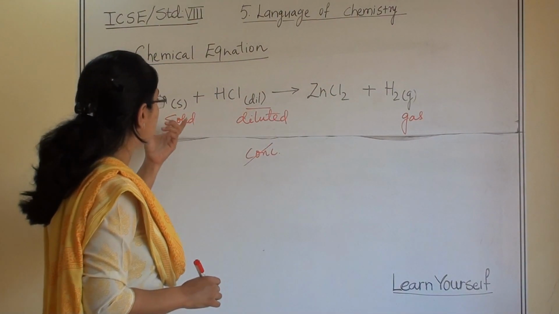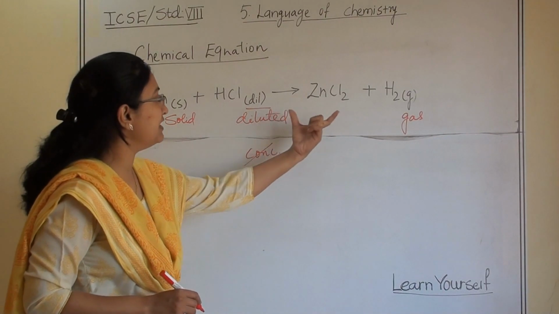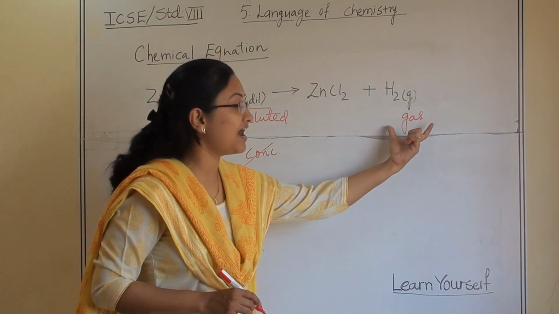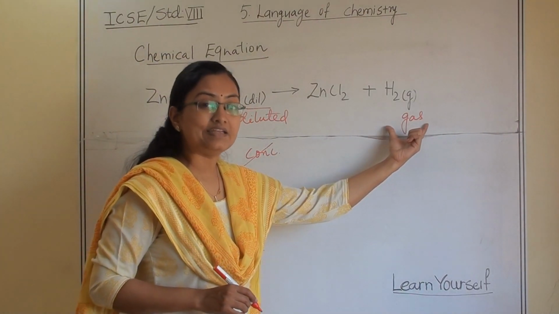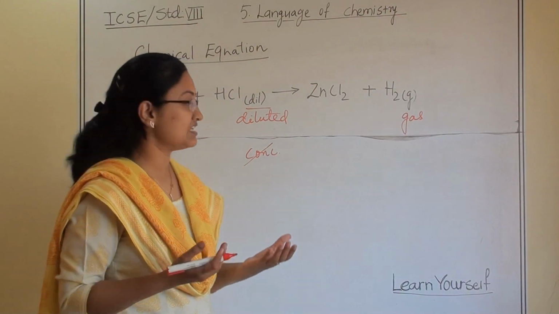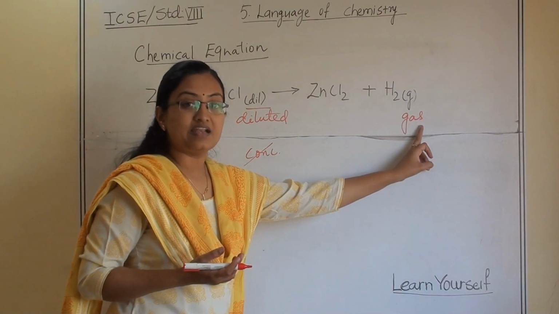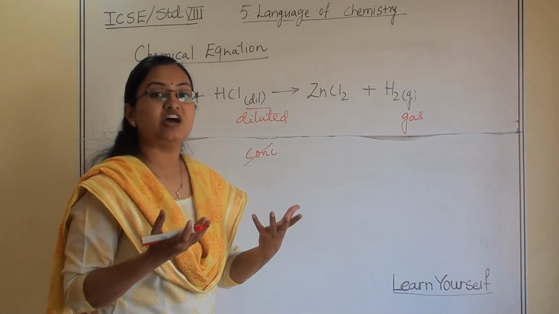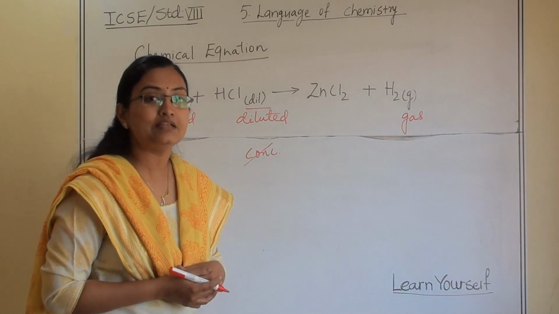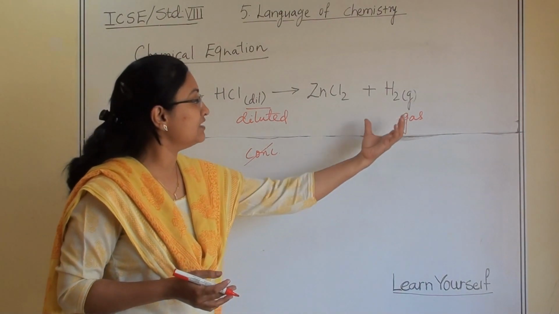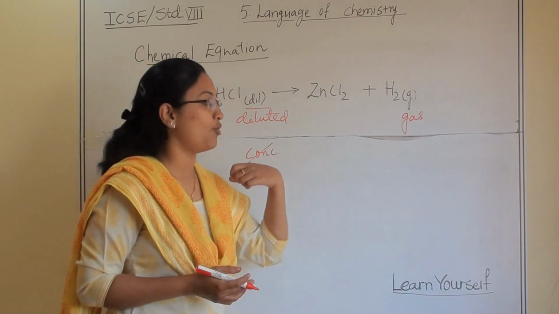So when these two are reacting, we will get zinc chloride, and hydrogen we are getting in the form of gas. So this will make us understand in which form we are taking all the ingredients and in which form we are getting the products.